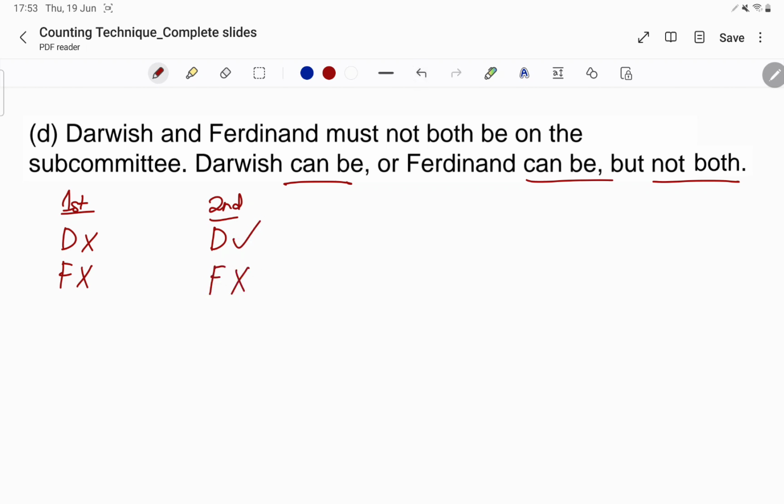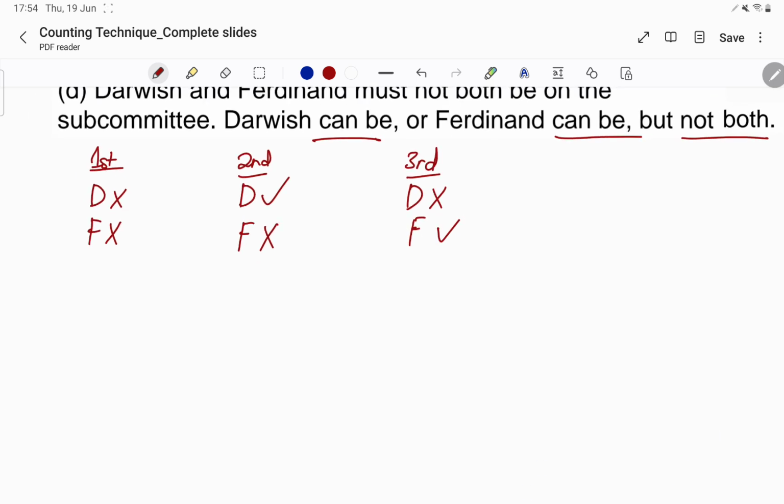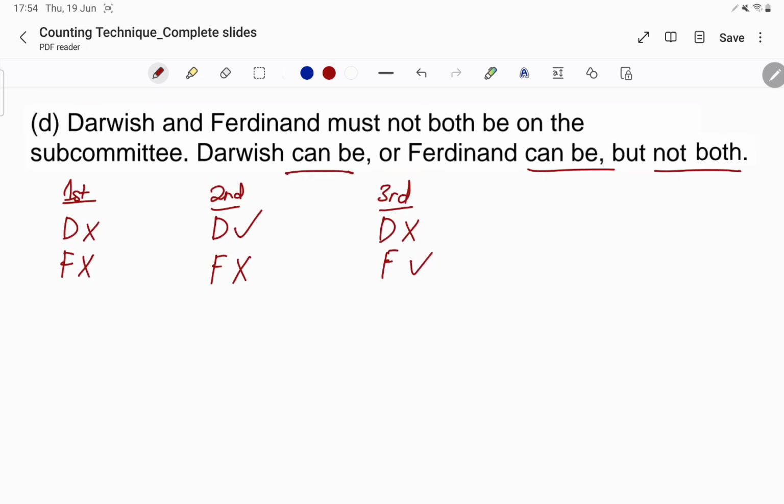The third case is Darwin cannot be in the subcommittee and Ferdinand can be. When both cannot be on the subcommittee, it is 2C0 multiplied with 8C4. Because the two of them cannot be chosen, the remaining we have is 8, and we need to choose 4 from that.